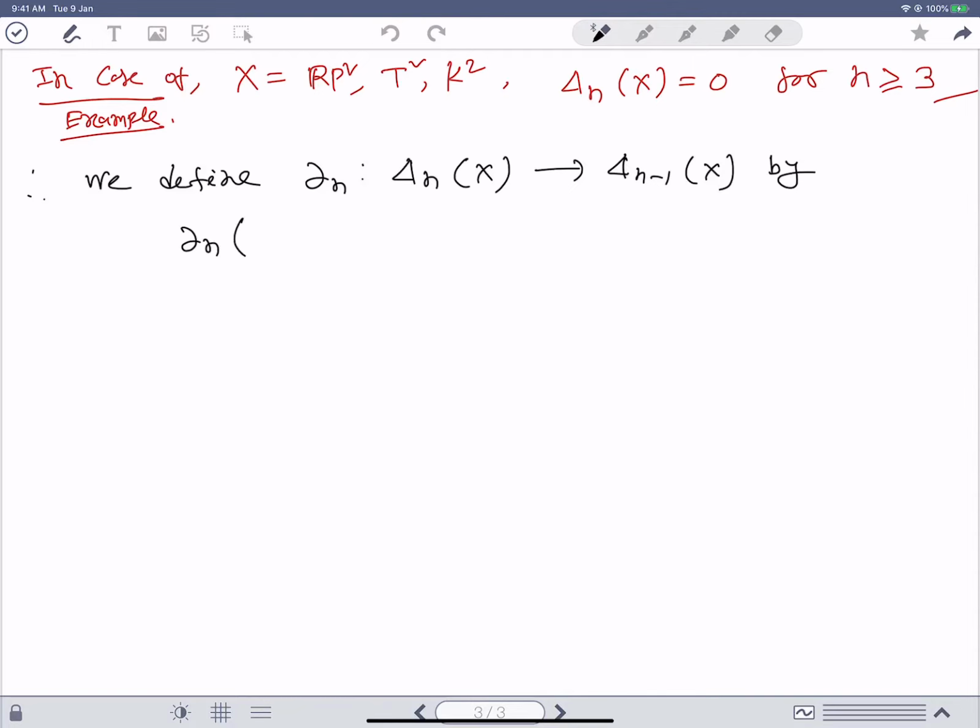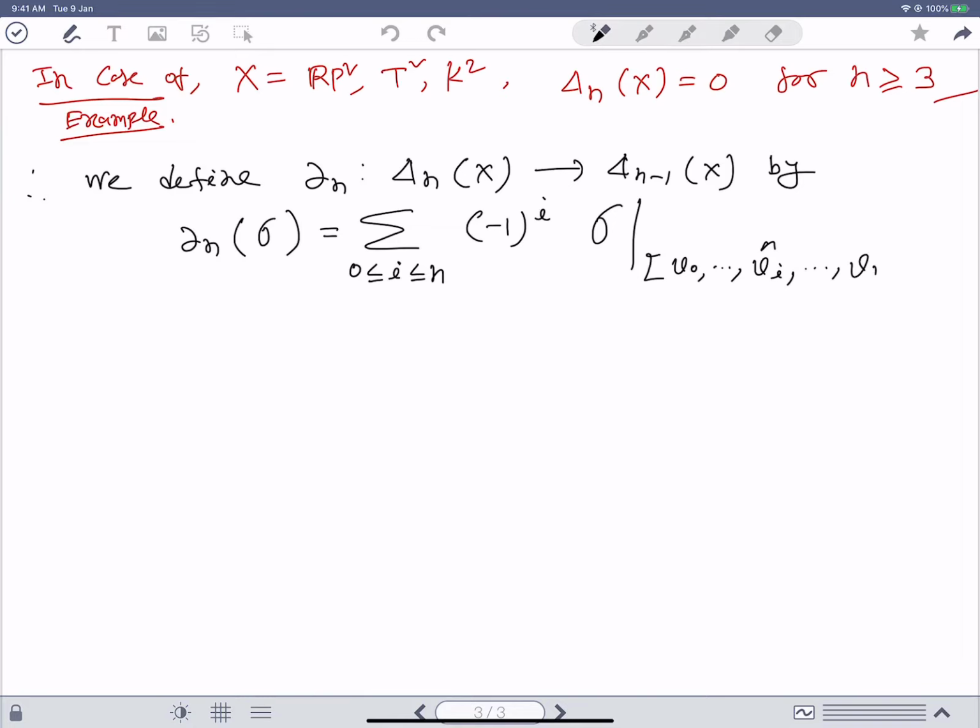So partial_n of sigma will be the summation over 0 less than or equal to i less than or equal to n of (-1) to the power i, and we take sigma restricted over the faces [v0, ..., v_i-hat, ..., vn], that means the vertex vi is missing.